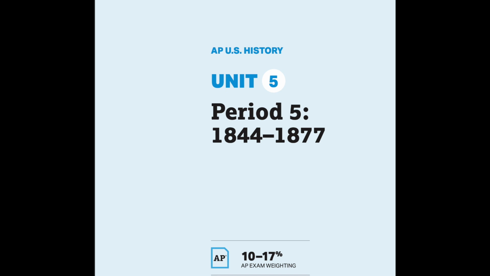The North responds by ratifying the 14th Amendment, which defines citizenship for all Americans. And later on, the 15th Amendment is also ratified, guaranteeing voting rights. These are required for readmission. And what you see is that the Reconstruction process hits a reset because of this.